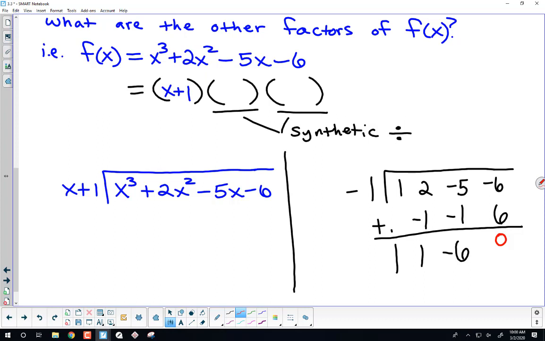And we already knew that, right? Our remainder theorem told us that that should have been 0. The same 0 we came up with in the first computation.